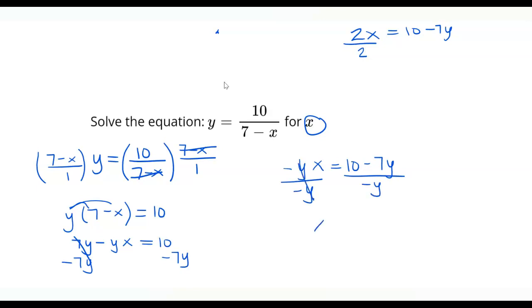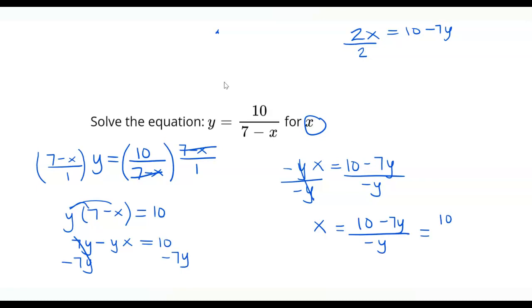So those cancel. I end up with x equals, we can leave it as 10 minus 7y over negative y. We could also write it separately, each one, 10 over negative y minus 7y over negative y.